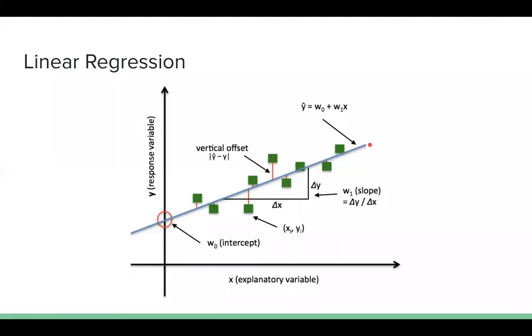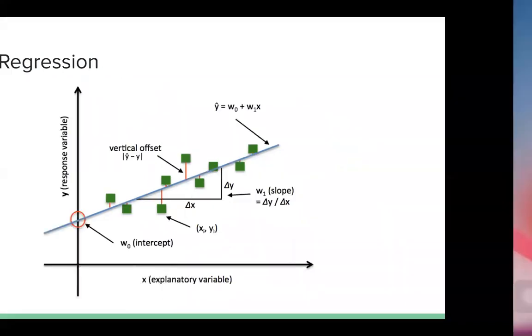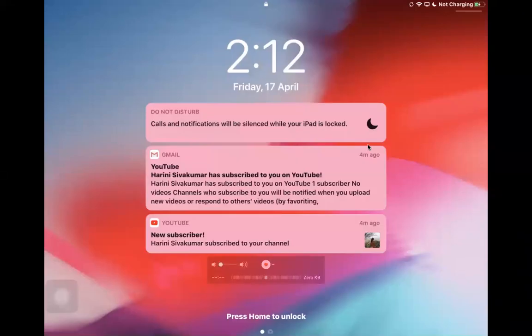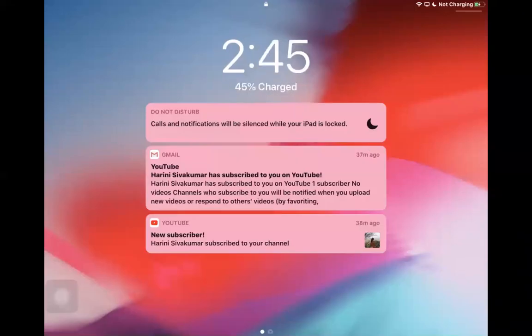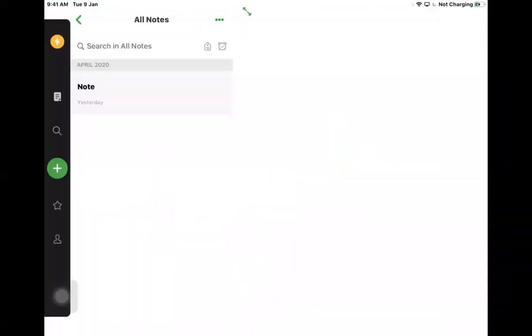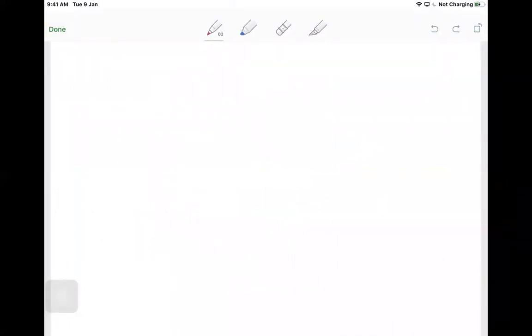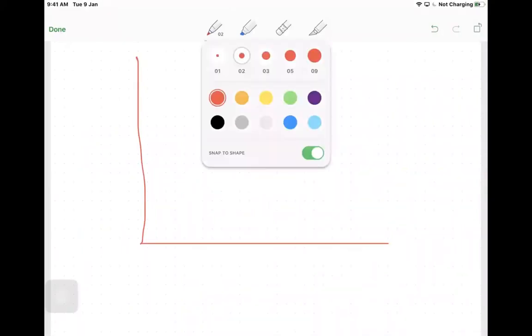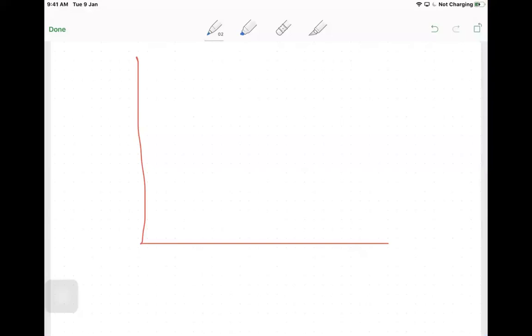Let me just give you a quick diagram here, so it gives you a better idea. Let's say I have some data like this, certain points like I have done earlier.